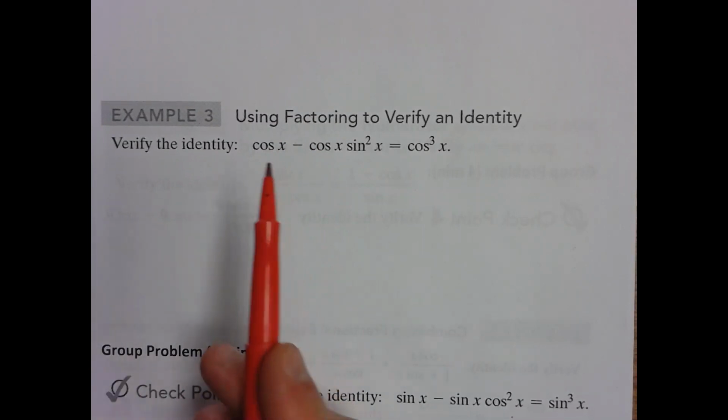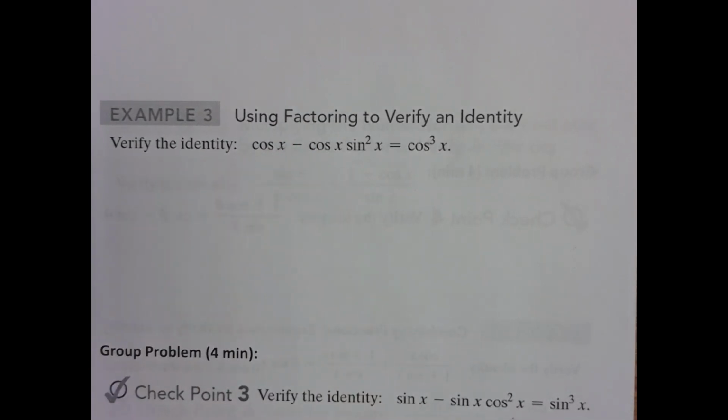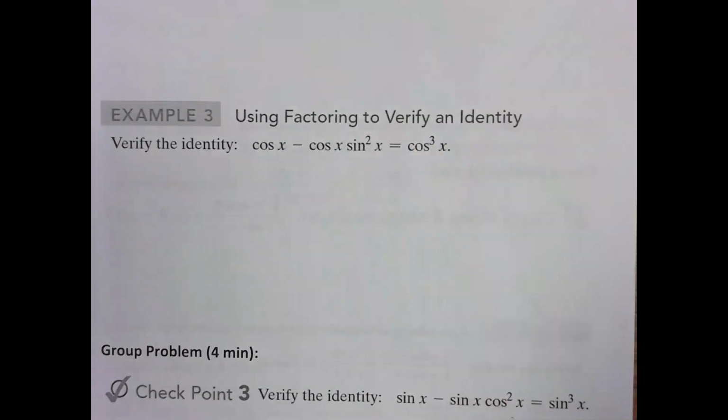Okay, so again, when you look at these, there may not always be a clear-cut way to get started. We might have to think, are there identities to start with, or maybe there's an algebraic step. Okay, we have to really think about all the math tools that we have up to this point. Okay, and so far that's been working with fractions, the identities that I'll provide, and then now possibly factoring.